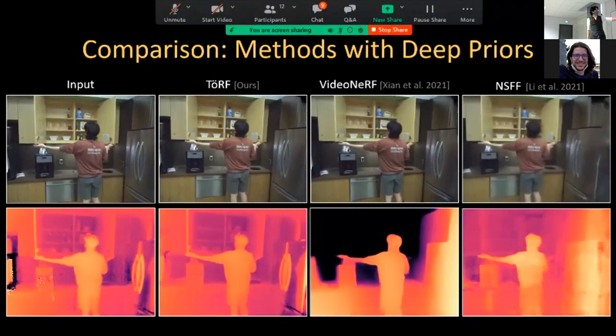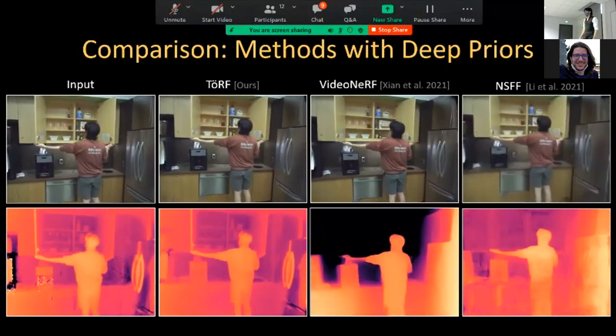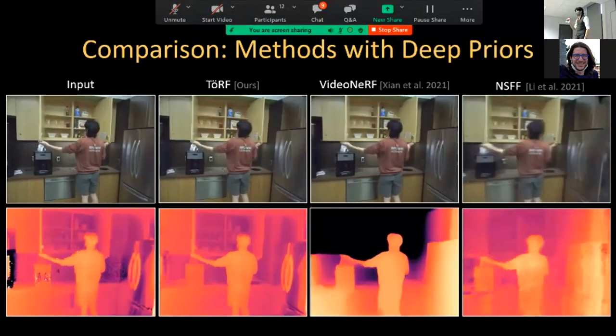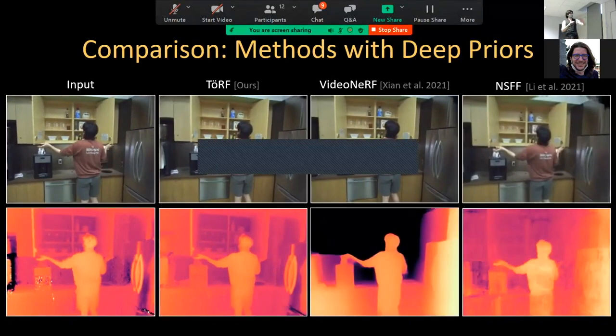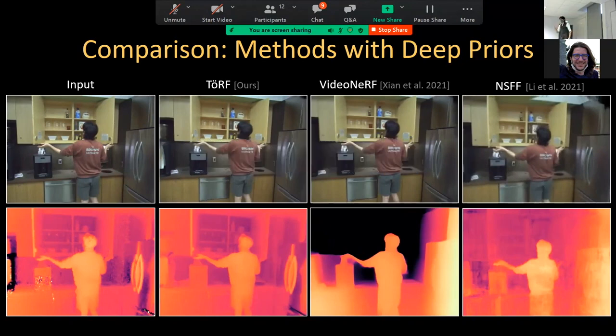Right? And NSFF uses a monocular learning-based CNN to do depth estimation and then feeds that into the RGB system. And it is also of a different quality than what you can get from a time of flight camera.